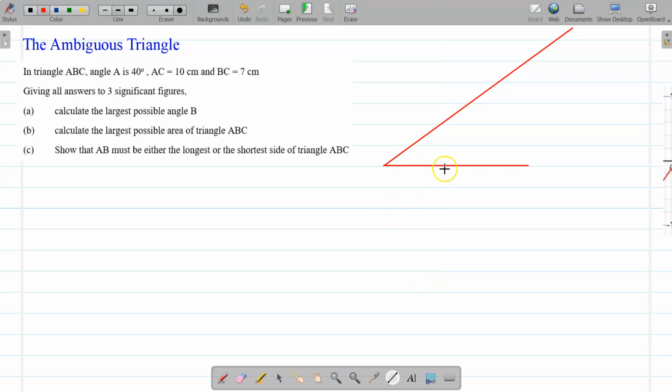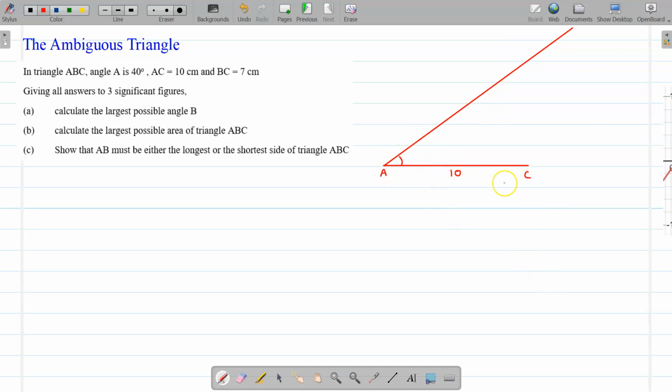So this point here is the point A, therefore this angle here is the angle A. This point is the point C, and we're told that the length of AC is 10. Of course, we could have had this line AC being 10 and then this other line coming down underneath it.